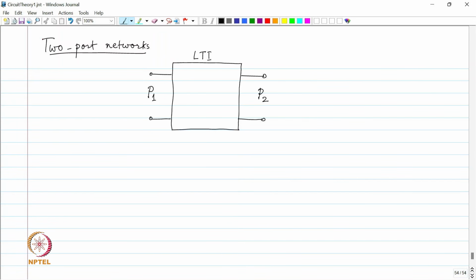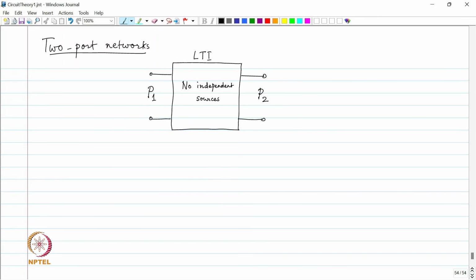So, I am writing LTI on top to indicate that it has all linear circuit components like whatever I have mentioned, but I am also writing no independent sources.